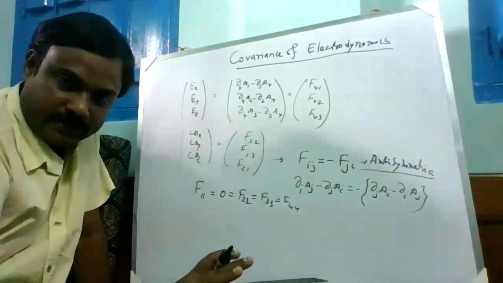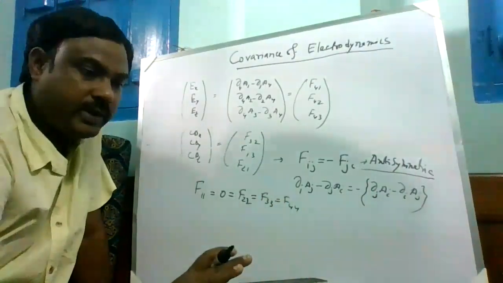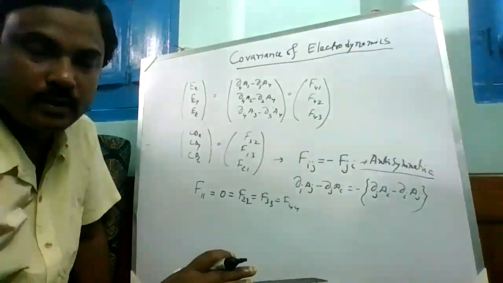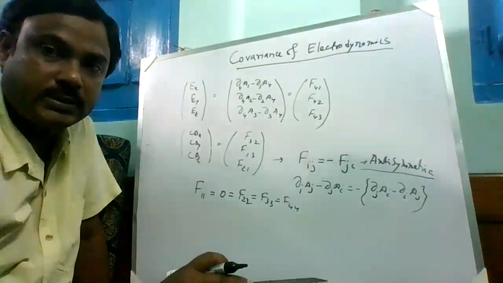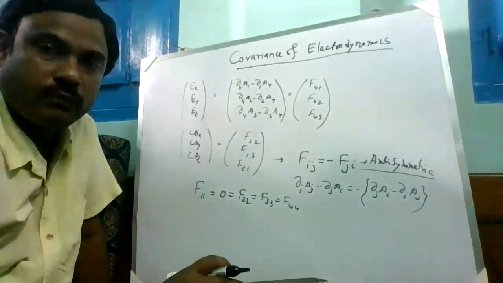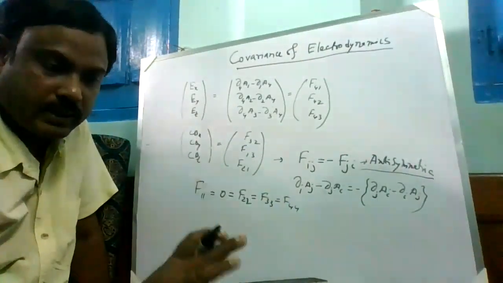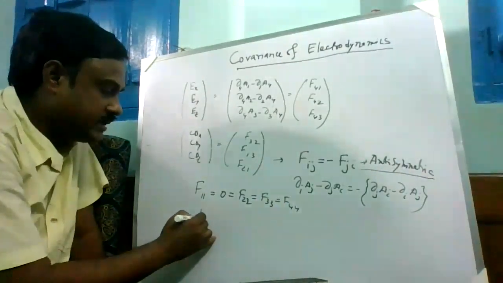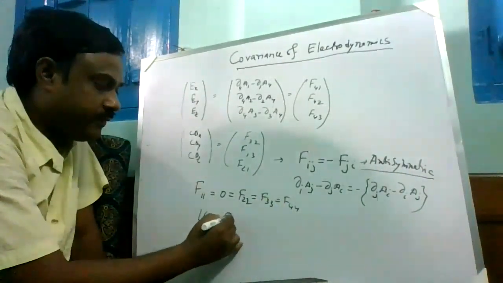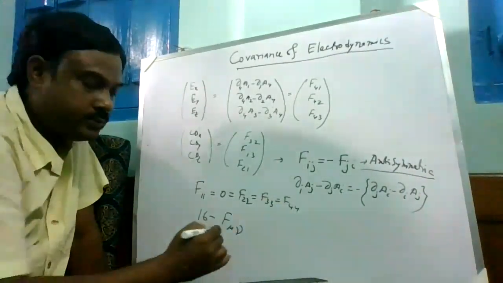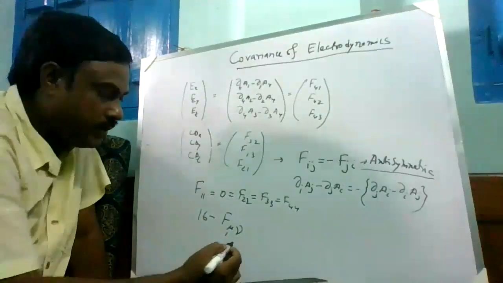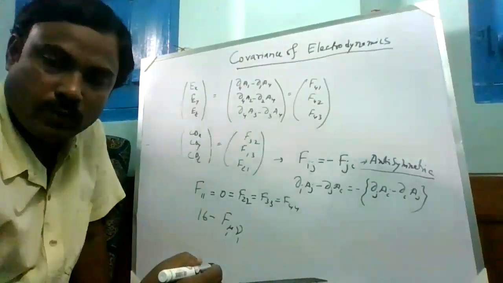For a covariant tensor of rank 2, how many elements are there? 4 rows and 4 columns, so there are 16 elements of F mu nu, because mu runs from 1 to 4 and nu runs from 1 to 4.